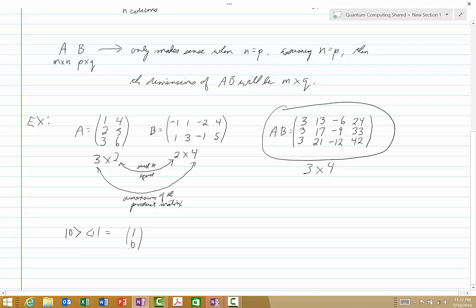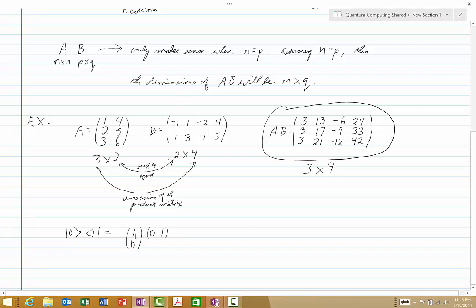We have the column vector 1 0 corresponding to the cat 0, and now this is the bra 1. Now since the cat 1 corresponds to the column vector 0 1, the bra 1 will represent the row vector 0 1.